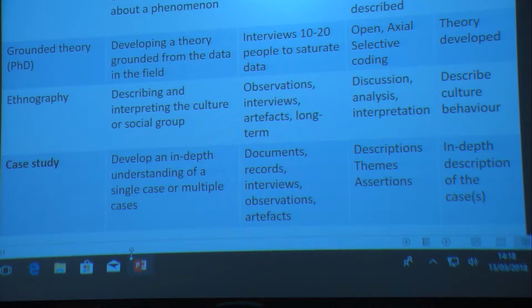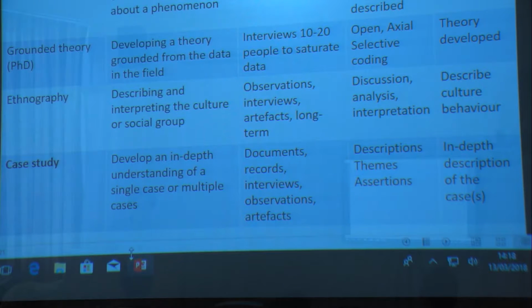What is a case study? It develops an in-depth understanding of a single case or multiple, more than one cases. What we do there to collect our data is we have documents or records or interviews or observations that we can do, or various artifacts that we can use in a case study.